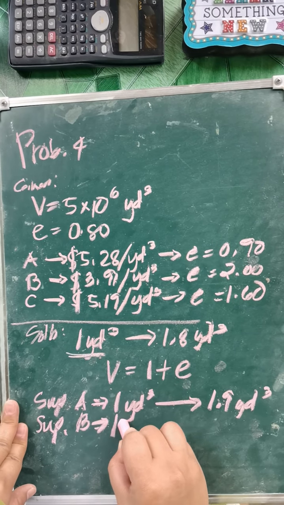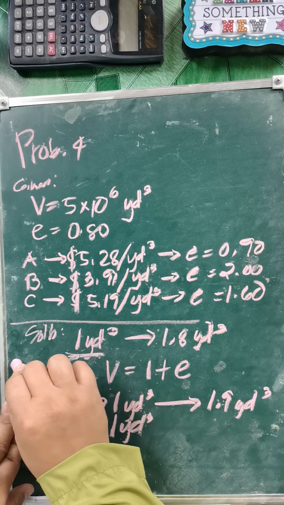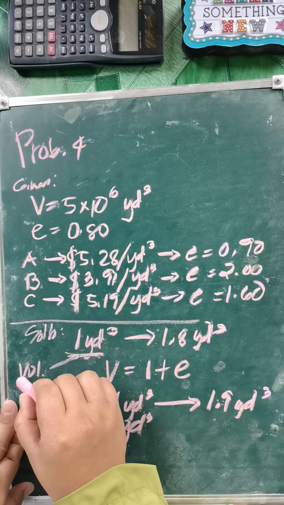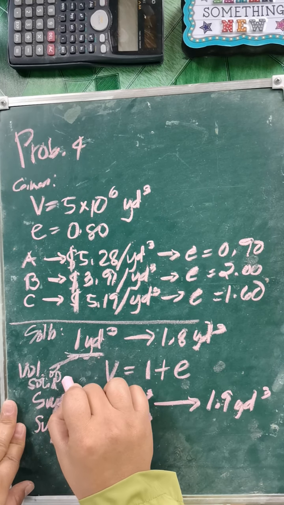For supplier B, for 1 cubic yard of volume of solids, take note this is volume of solids for the dam.